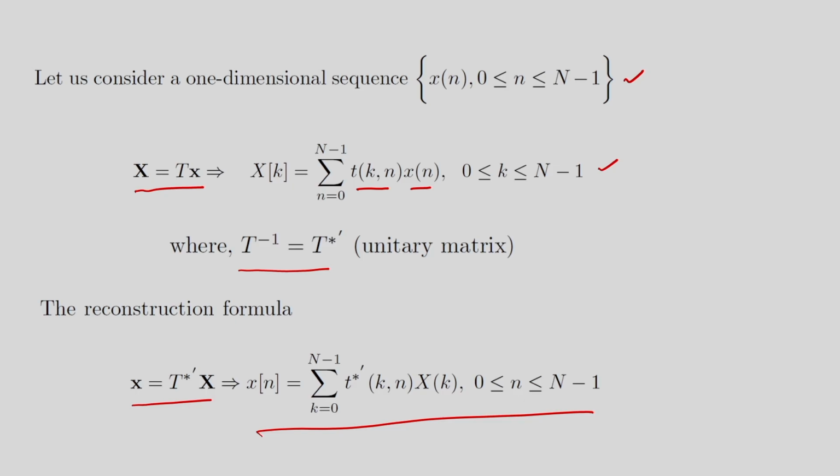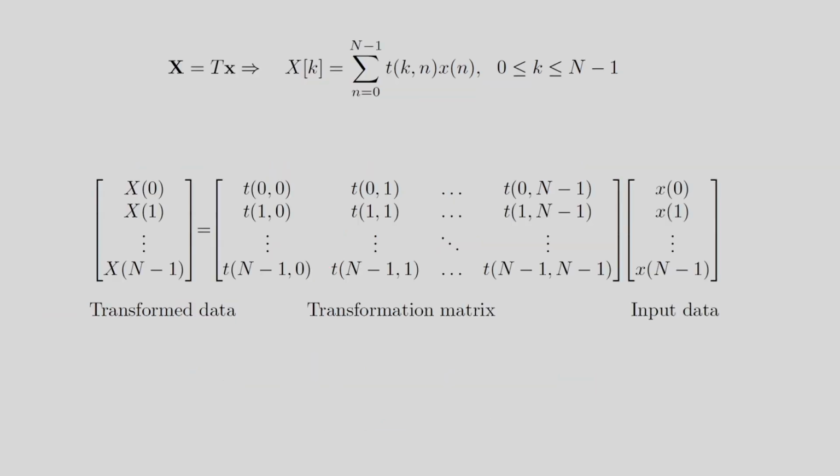Now let us consider this case, X is equal to Tx. So capital X is the transform data, T is the transformation, and small x is the input sequence. In the matrix form, I can represent this equation like this. First is the transform data, then the transformation matrix, and after this the input data.